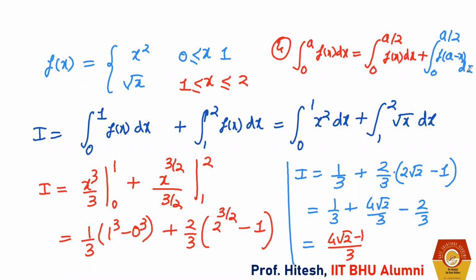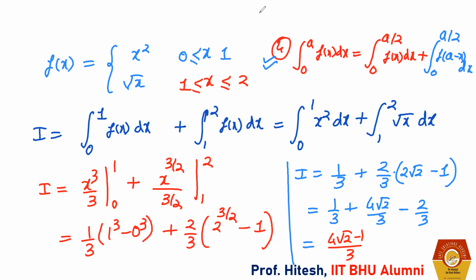Okay, we will use this property in some questions where it will make it easy. You just write it down, property. You can prove it also, because for a by 2 to a f of x, put a minus x equal to a new variable. Okay, so let me clear this.